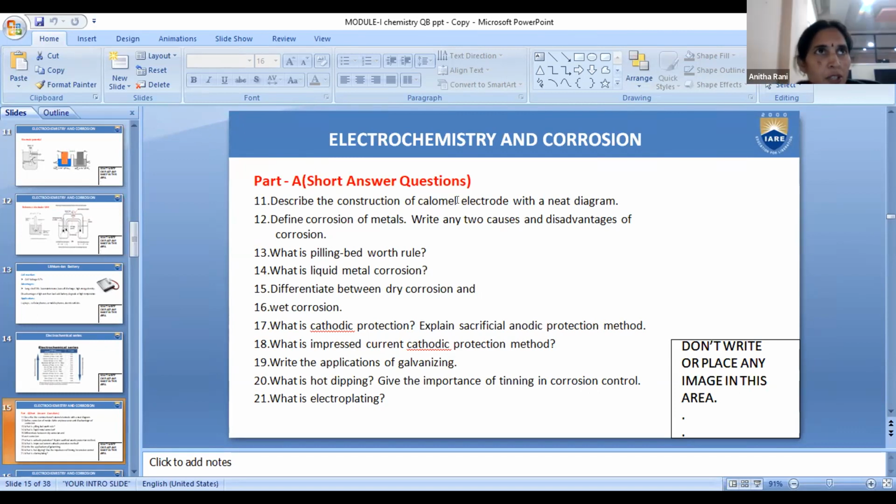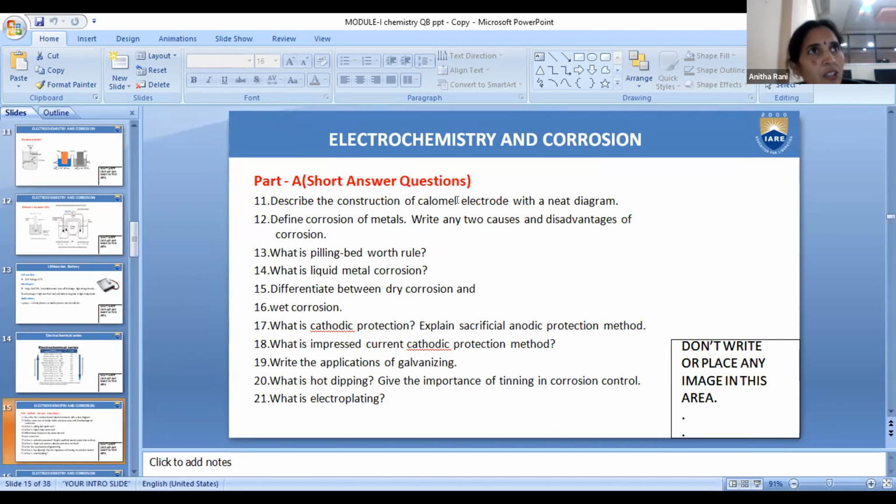Then KCl solution. After taking this, you have to insert a platinum wire to make electrical contact and to connect to the device. So this is the construction of the calomel electrode.